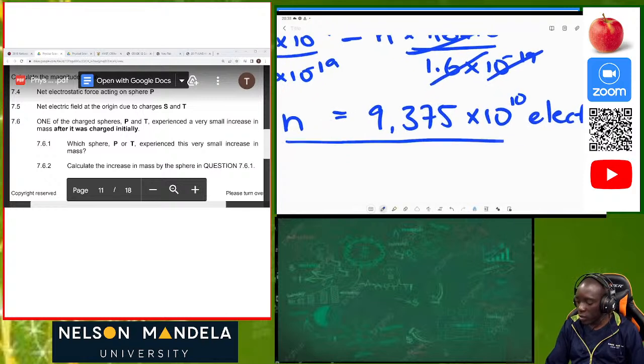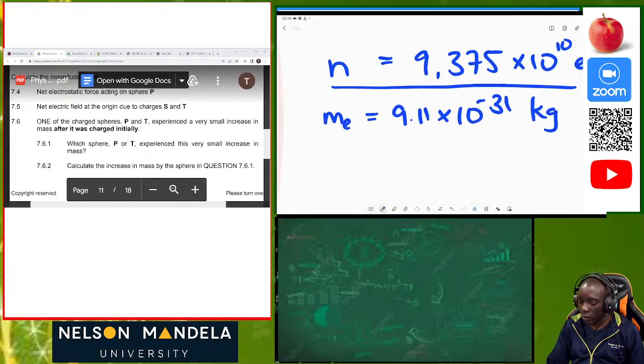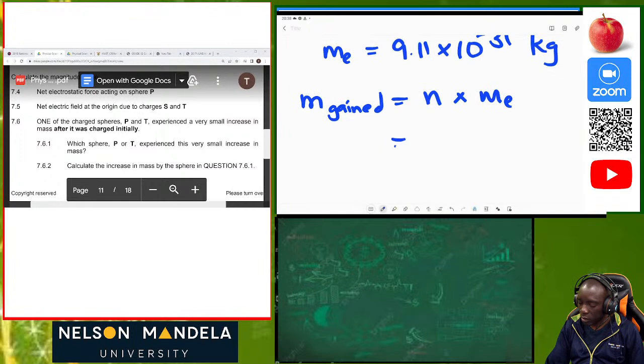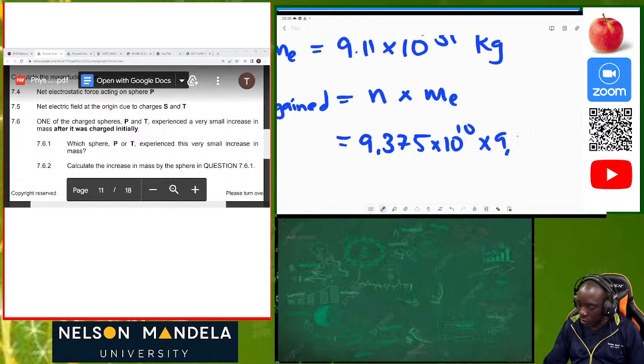With this number of electrons, each electron has a mass, which you find in the table, of 9.11 times 10 to the negative 31 kgs. So we multiply the mass of each electron. Mass gained equals n times the mass of each electron, which is 9.375 times 10 to the 10 times 9.11 times 10 to the negative 31 kgs.